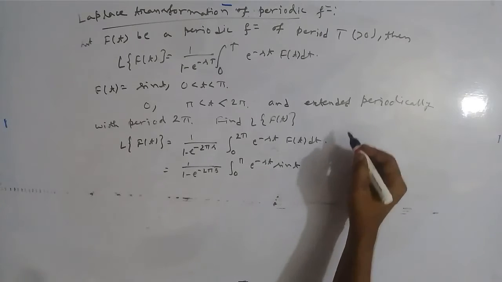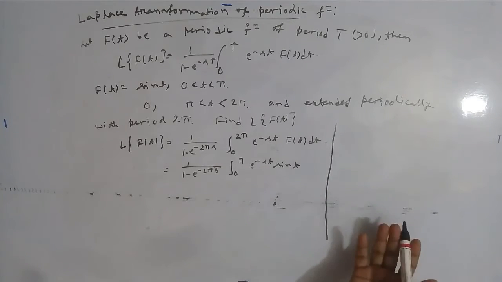So we have to integrate this e to the power minus st sin t. Here I am integrating the function, and the result I will put here.